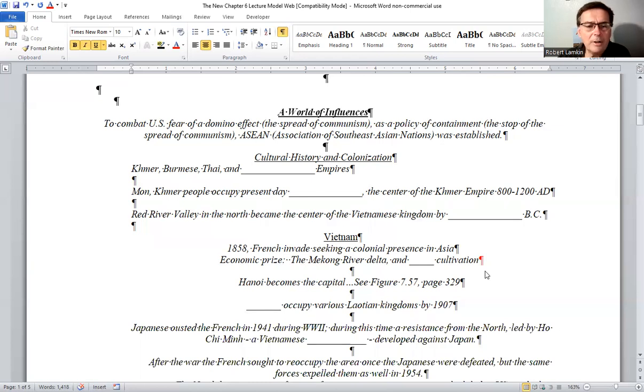The region is one of contrasts. Some countries are among the world's wealthiest, while others are among the world's poorest. There are many indigenous groups practicing traditional and tribal lifestyles, but the region is playing an increasingly larger role in global affairs and economics.